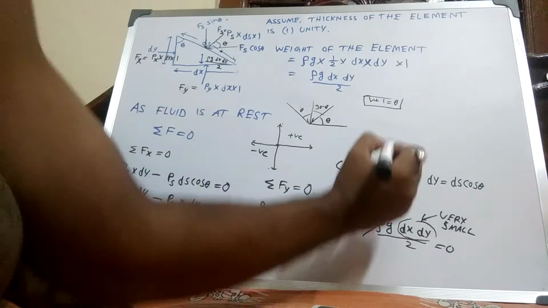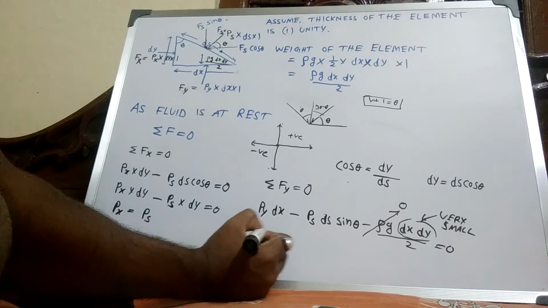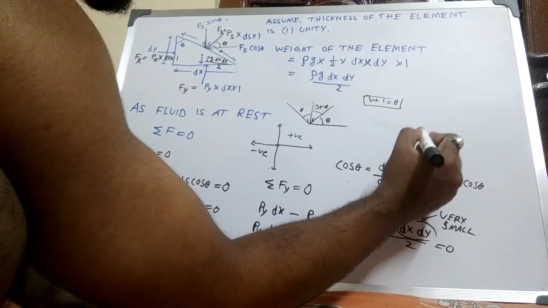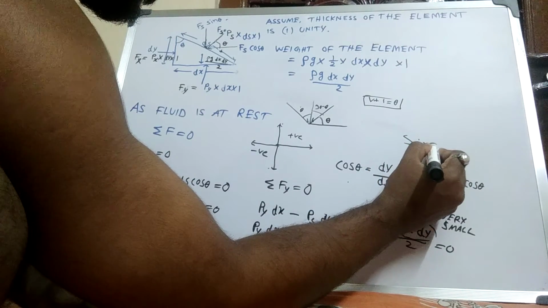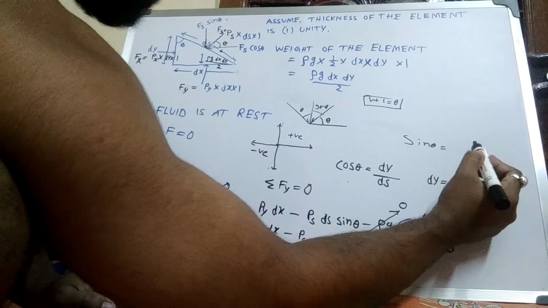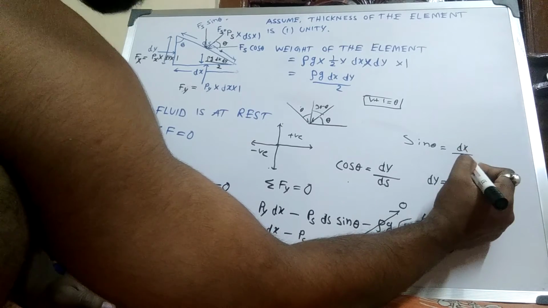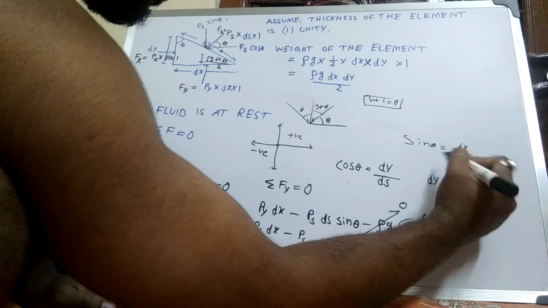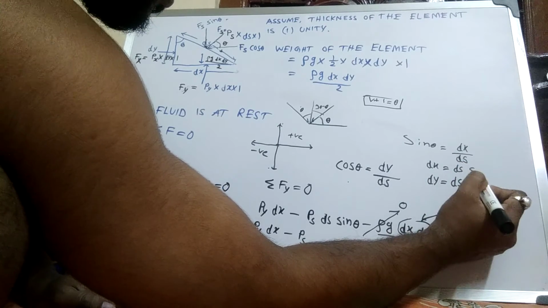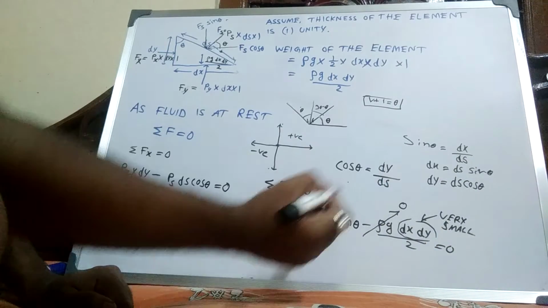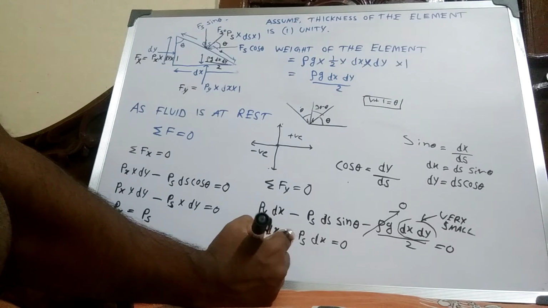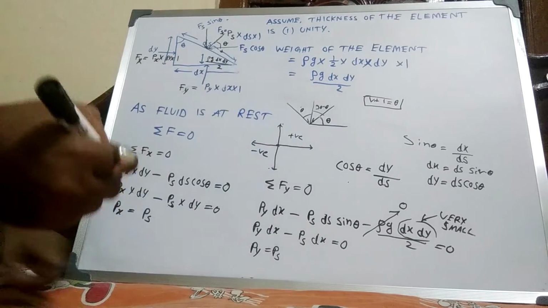So py into dx minus ps into ds sin theta equals 0. With the perpendicular dx over hypotenuse ds, dx equals ds sin theta, so py equals ps.